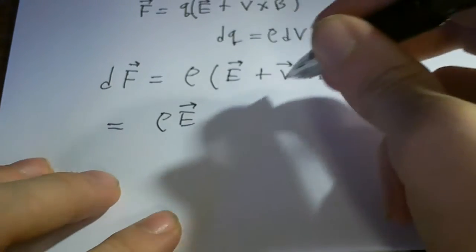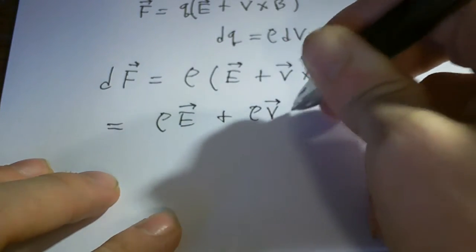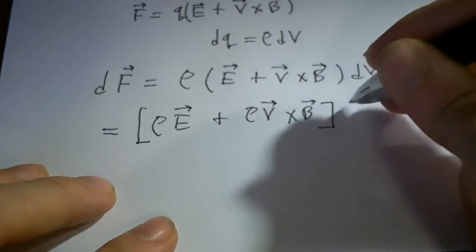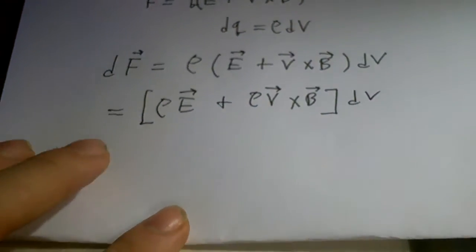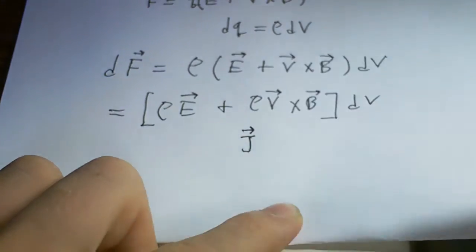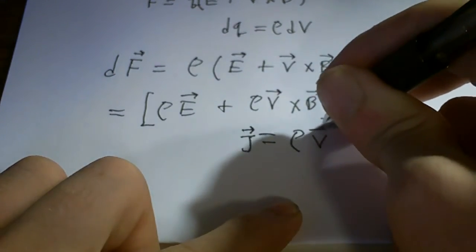Distributing rho, we get rho times the electric field plus rho v cross B, dV. But recall that the volume current density J equals rho times v.